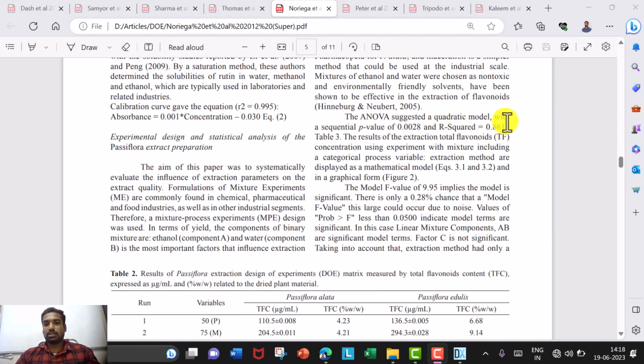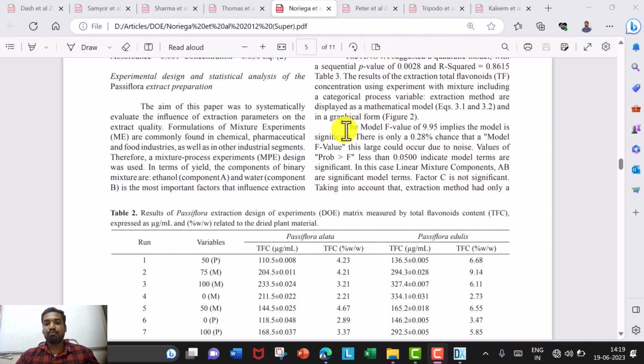It suggested a quadratic model and sequential p value 0.028. It must be less than 0.05, and R squared is 0.886. It is also accepted. And he also mentioned F value 9.95. It is also significant. There is only a 0.28% chance that a model F value this large could occur due to noise.